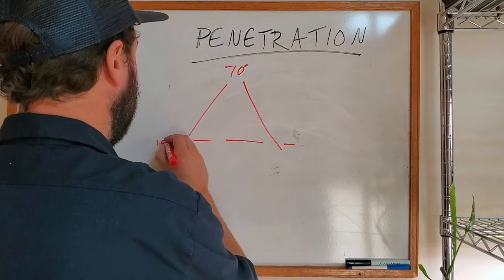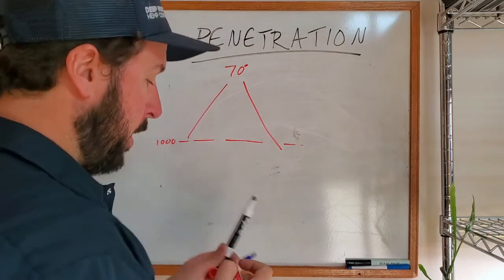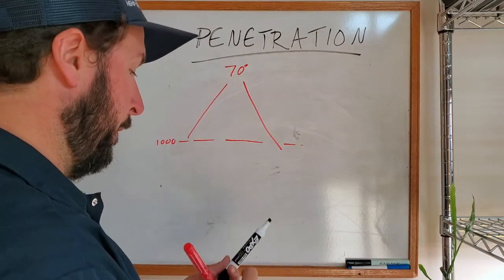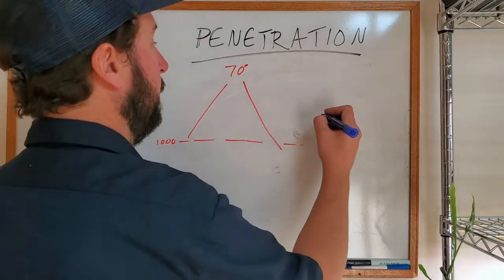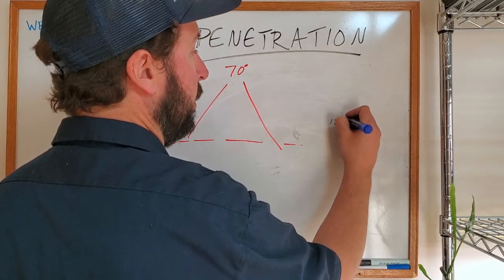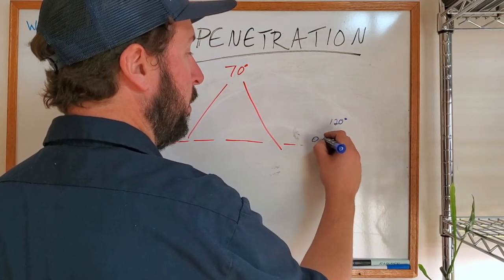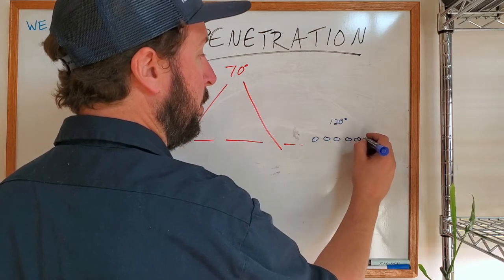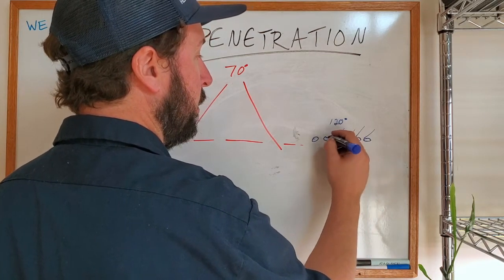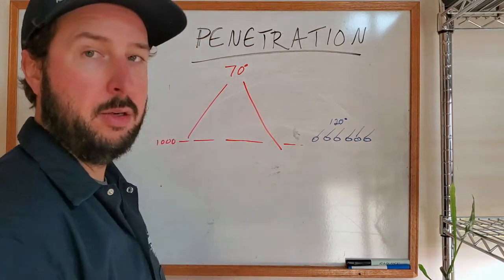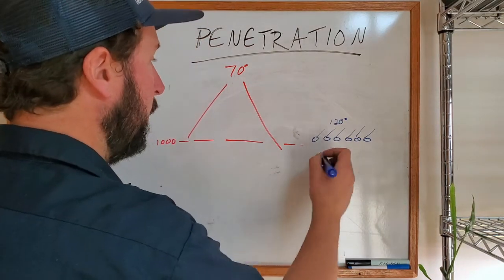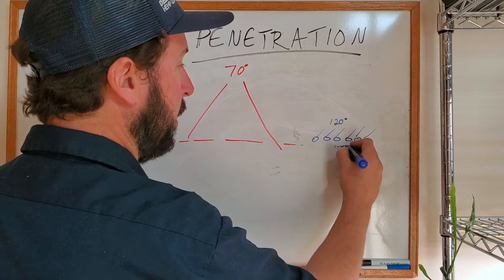Let's call this 1000, the target micromole level everybody's after. And if you have a 120-degree fixture, you're going to have more, say, bars on a bar style fixture that deliver excellent uniformity, and this would still be the 1000 micromole line.